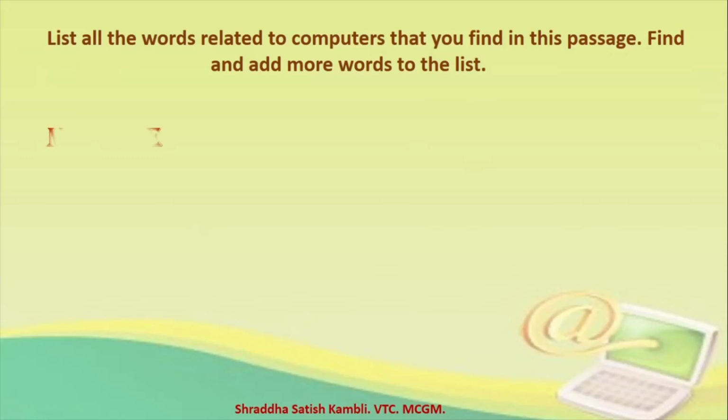The word machine is related to computers. Yes, because a computer is also a kind of machine. What are machines? Machines are anything which helps to make our work easy. So the computer is also a machine. Then you have speed.